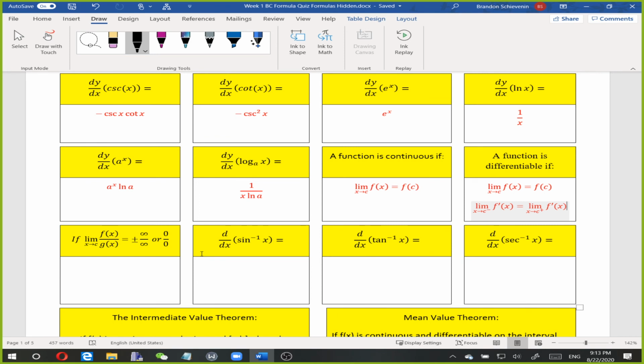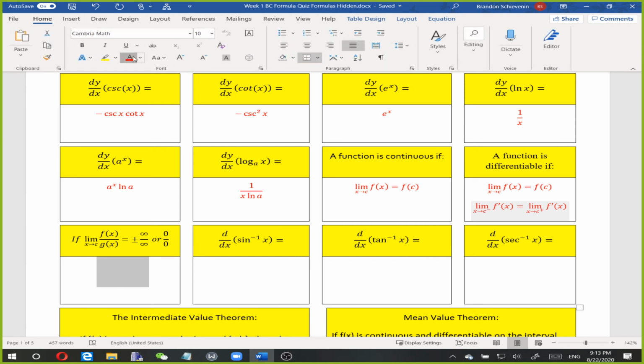Okay, so our limit should be equal to the limit as x approaches c of f prime x over g prime x. So that's deriving the numerator and denominator separately. Perfect. Which I could write like this. So our limit should be equal to the limit as x approaches c of f prime over g prime.